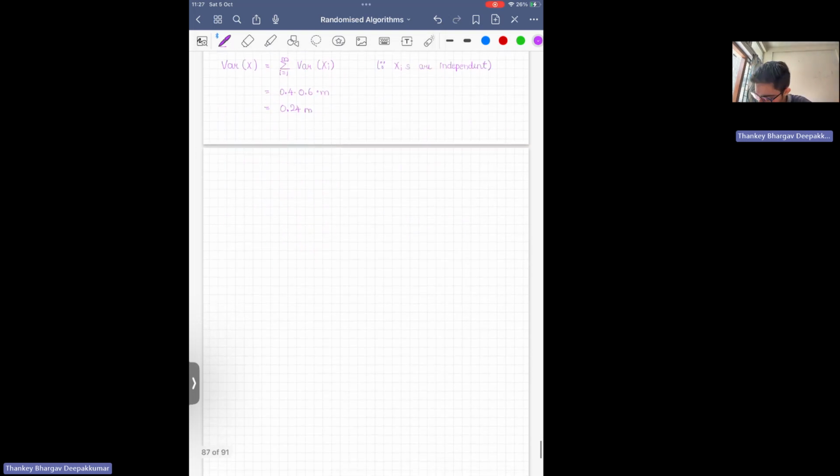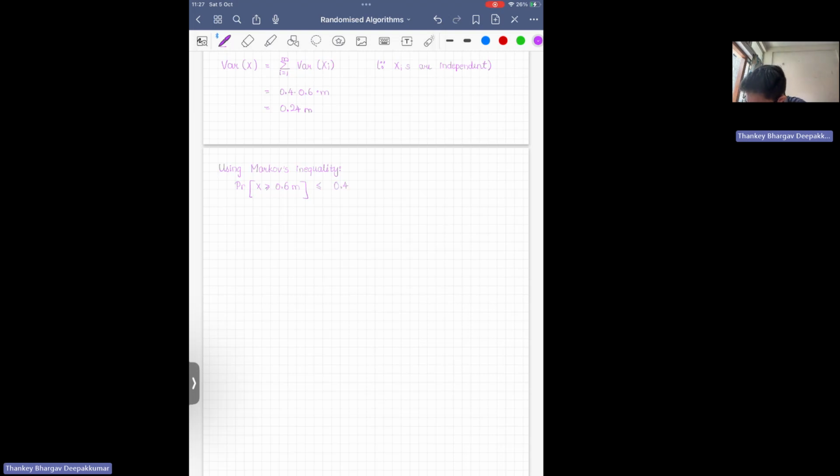Okay, so now using Markov's inequality, the probability is less than or equal to the expected value of x over 0.6 m.